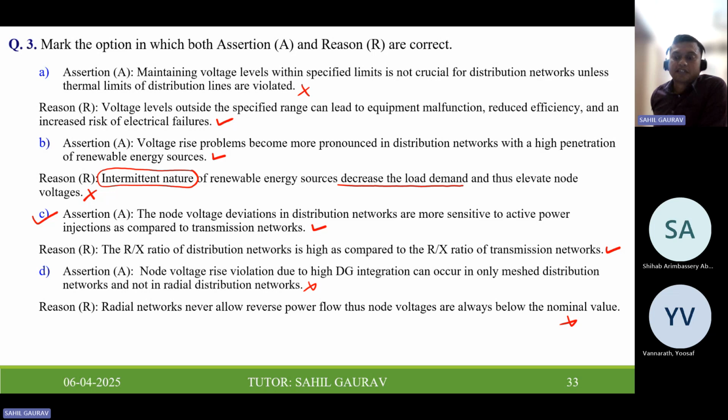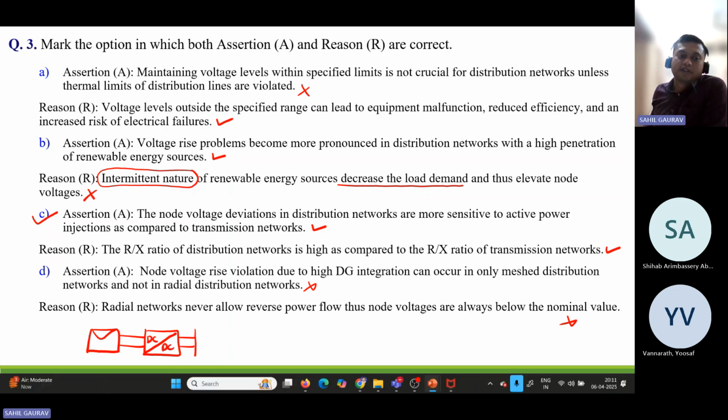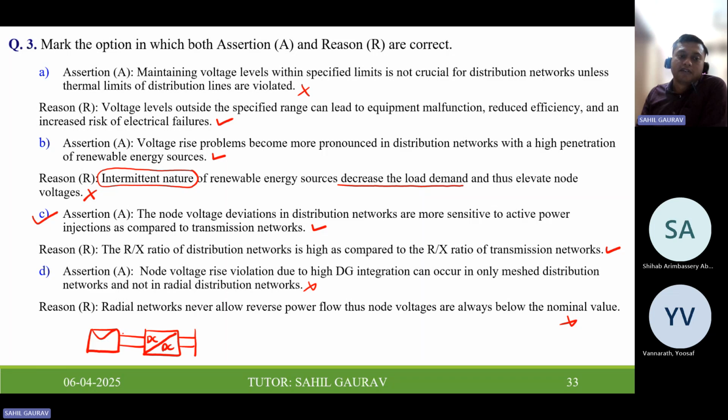Yes, true. Means if you have this PV, here till this part, is there any reactive power? No, there is no reactive power. But when you have this inverter, you cannot control reactive power from the inverter.